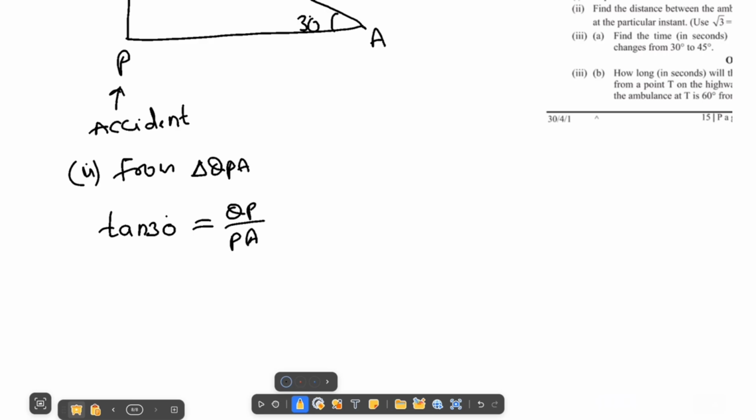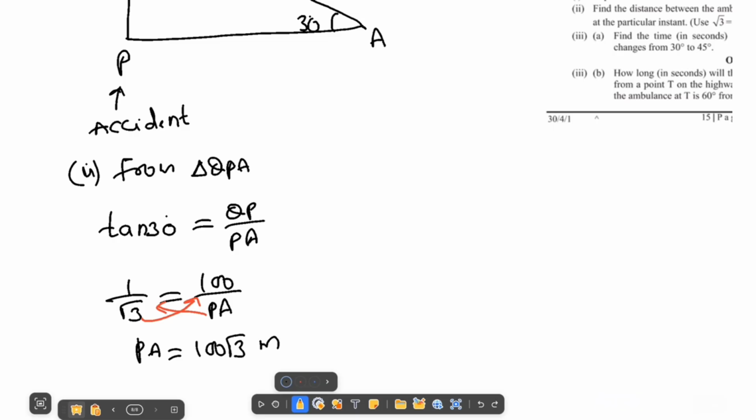Now tan 30 is 1 by root 3. QP is 100 and PA is what we have to find. So bring PA to the left side and send root 3 to the right side, it becomes 1 into PA. So PA is equal to 100 root 3 meters.